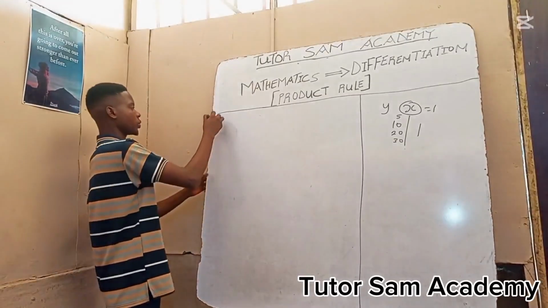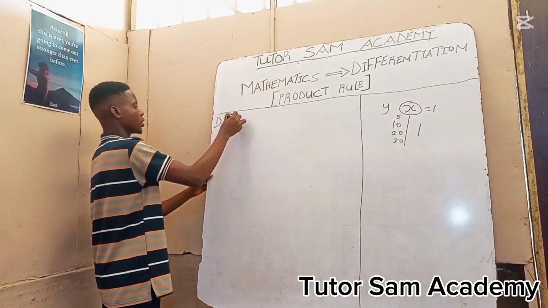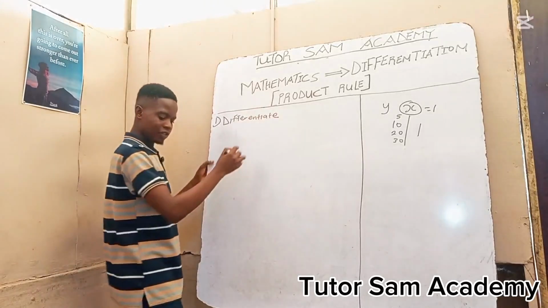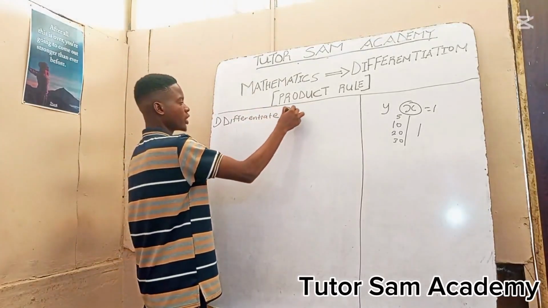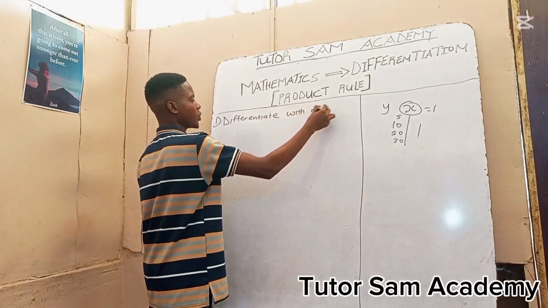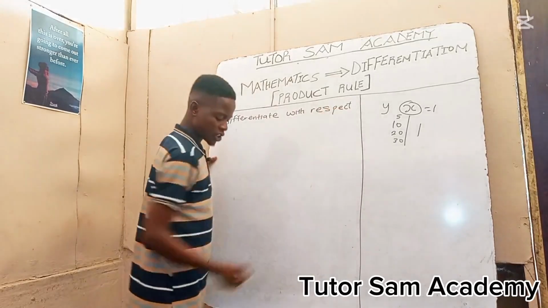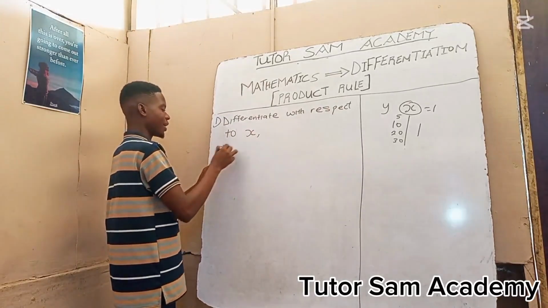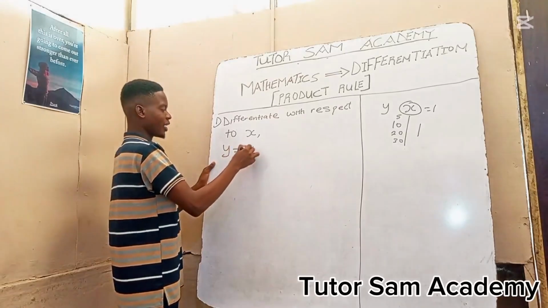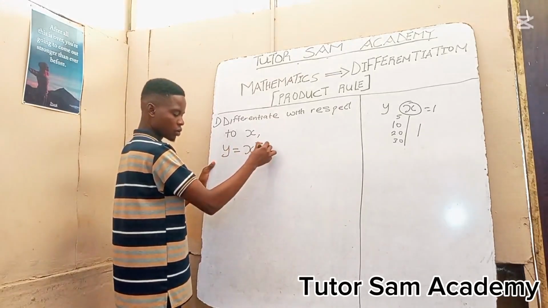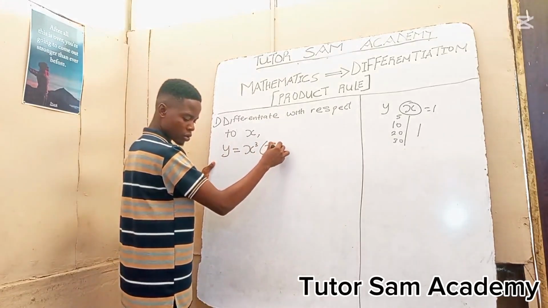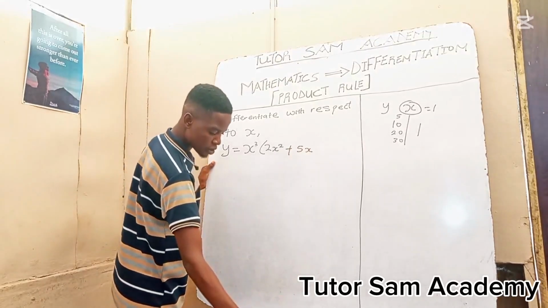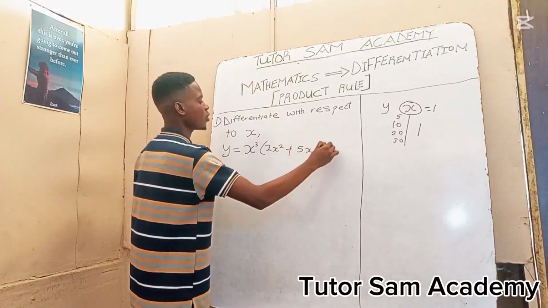Question 1: differentiate with respect to x, y is equal to x cubed times (2x squared plus 5x plus 4).